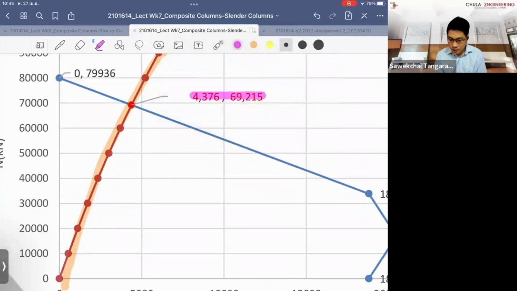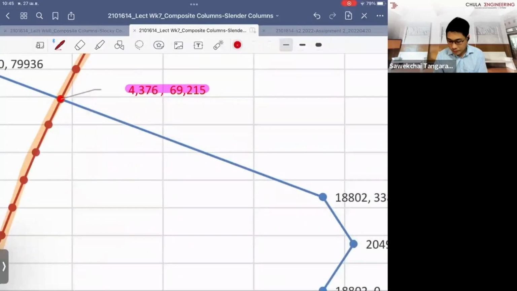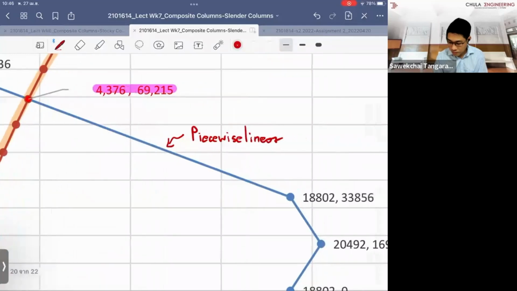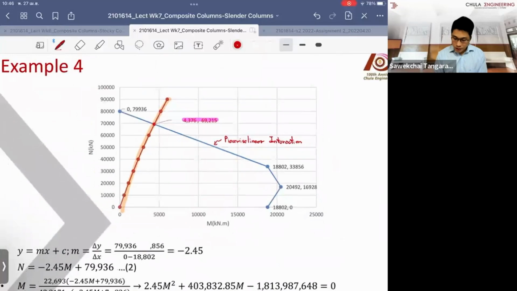So the failure is the point where it cuts between, this is the piecewise linear. They come from the interaction diagram, so they come from the piecewise linear, in the diagrams.